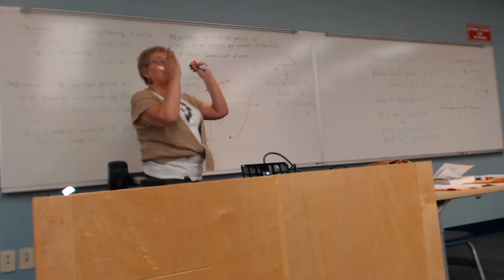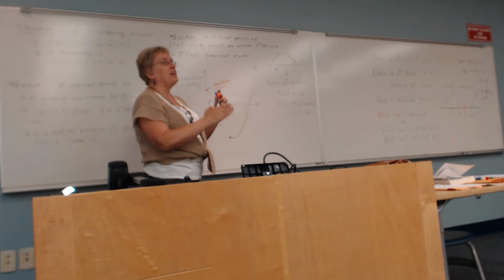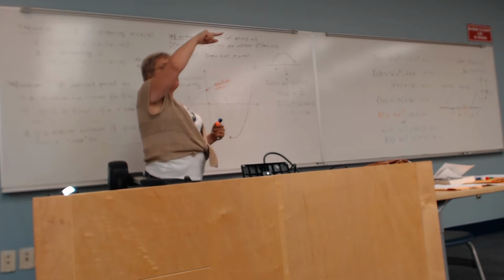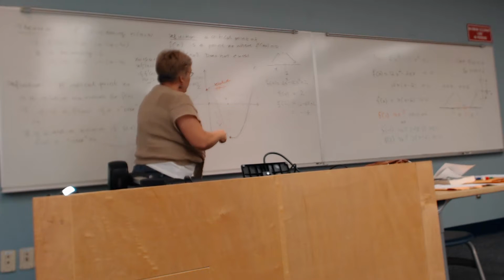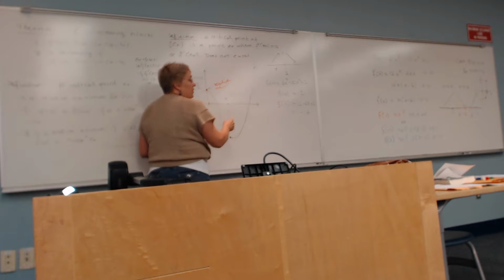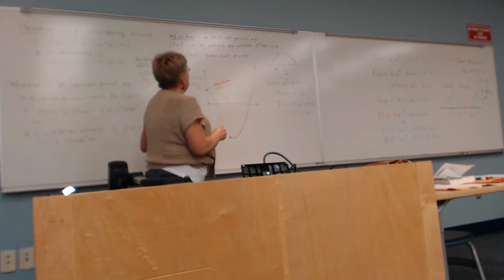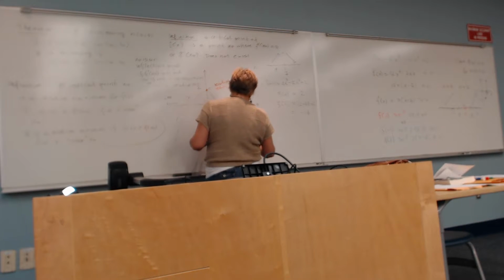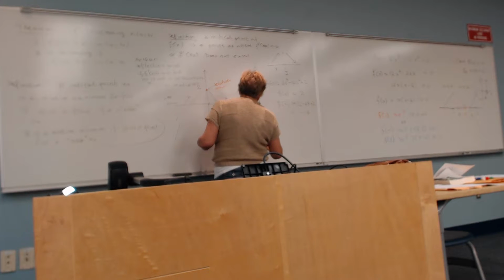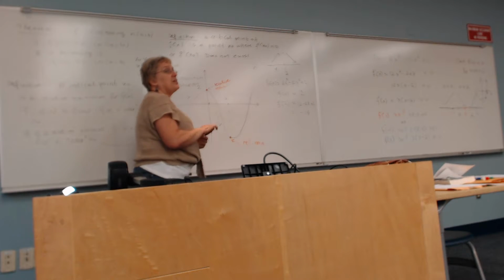But if you restrict your attention near the critical point, then the function looks like a cup, right? In this area here, and the bottom of the cup is your relative minimum. So that's a relative minimum. Do you see any inflection points?